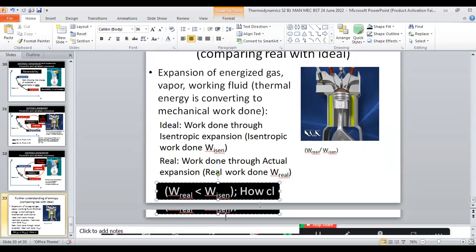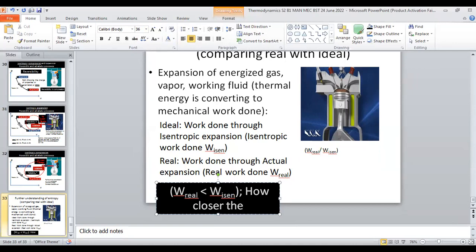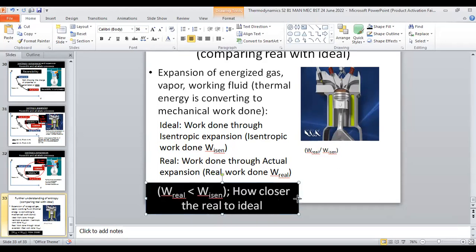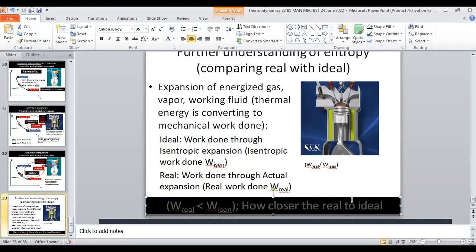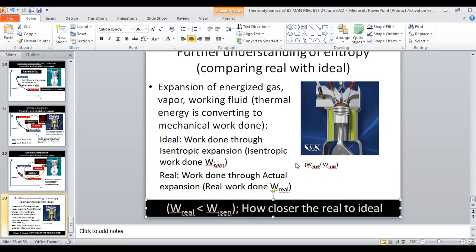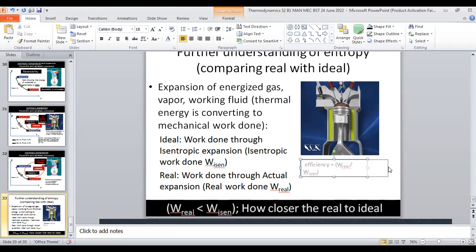How close the real is to ideal. Ideal means isentropic. So that is the importance. How close? That's why we are using the word efficiency as a ratio, real to ideal.